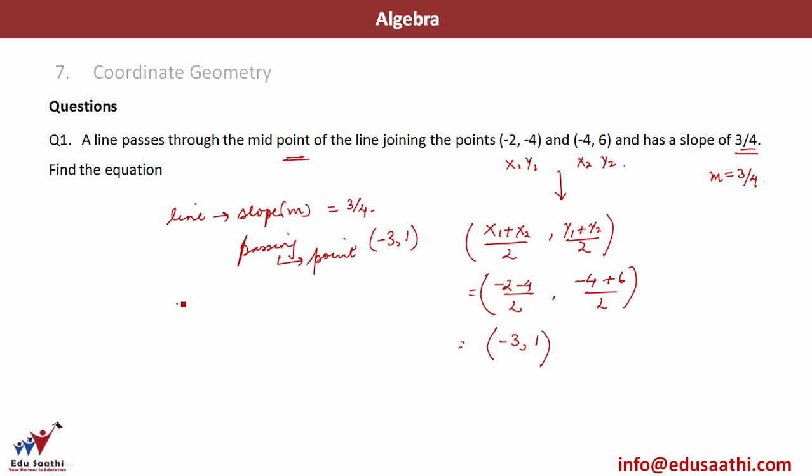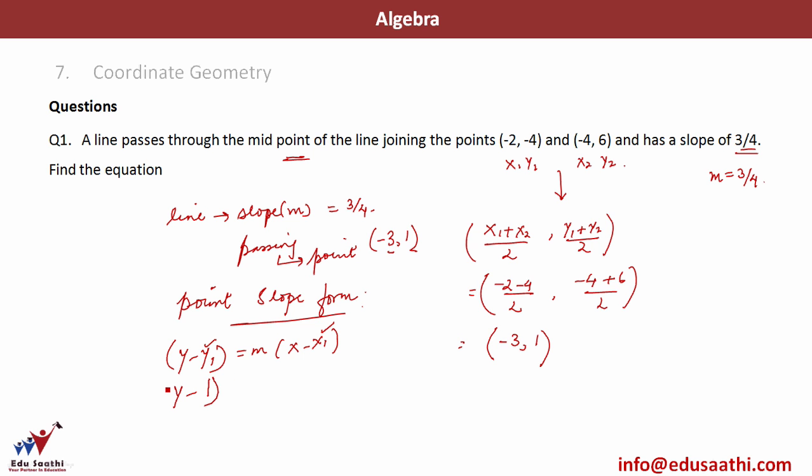The equation that will help me out is the point slope form. So it is y minus y1 equals m times (x minus x1). I would use the values for x1 and y1 as minus 3 and 1. So this will be y minus 1 equals 3 by 4 (x plus 3).